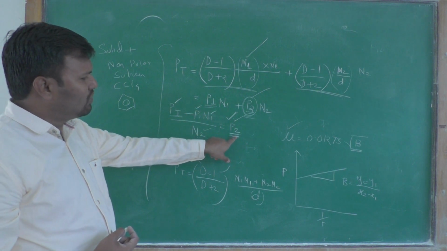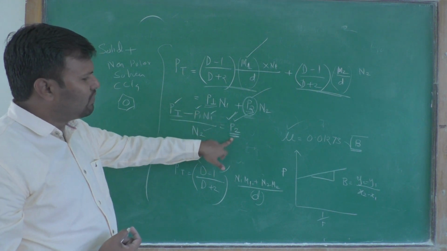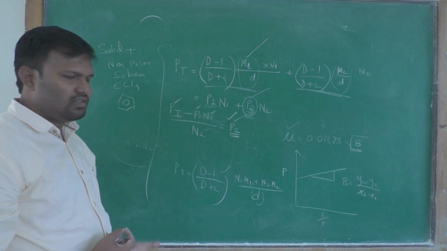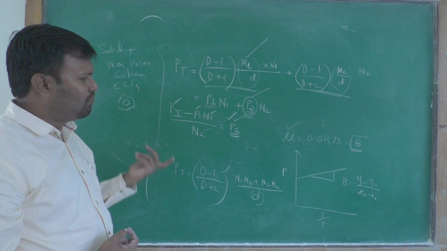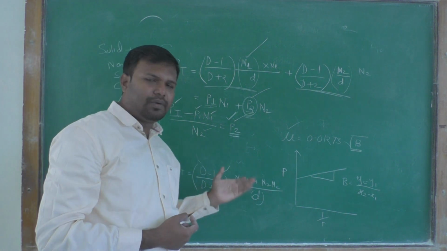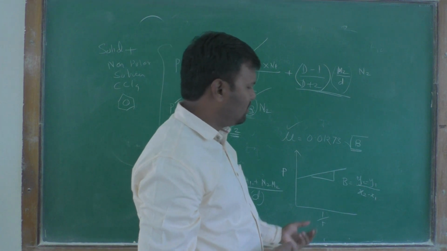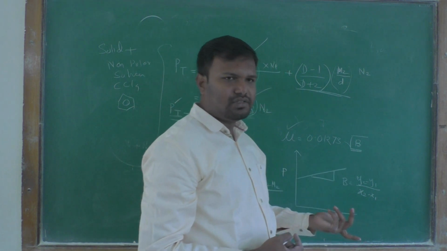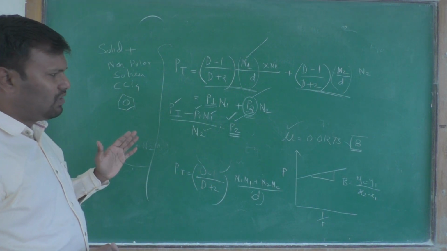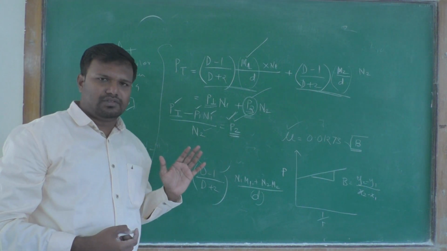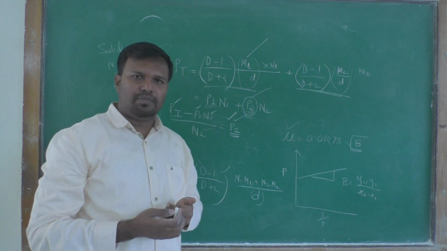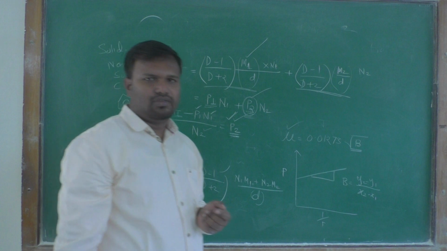Then with P2 on one side, by using this equation we can find out P2 and draw a graph of P2 for the different temperatures. You take the P2 values versus 1 upon T. From the graph you obtain b, and by putting the value of b, you can find out the dipole moment for solid substances. Okay, this is all about the methods for finding out the dipole moment. Thank you very much.